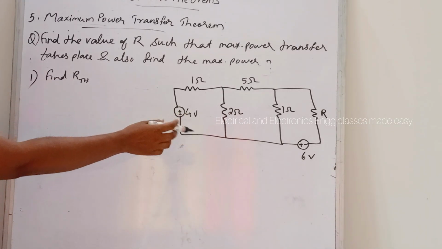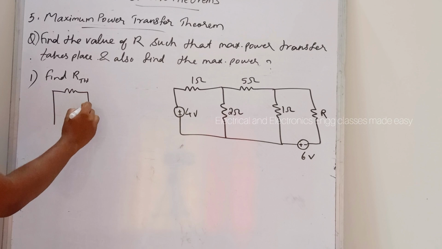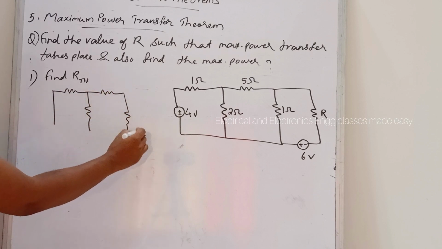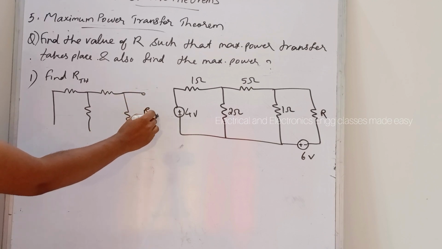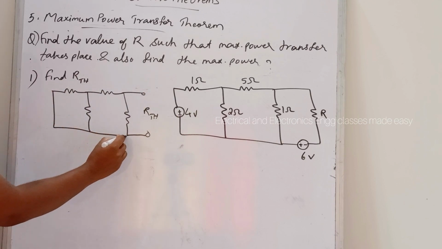So there are two voltage sources, so we have to short circuit them. Then redraw the circuit diagram, and we have to find the value of RTH by removing the load resistor R.